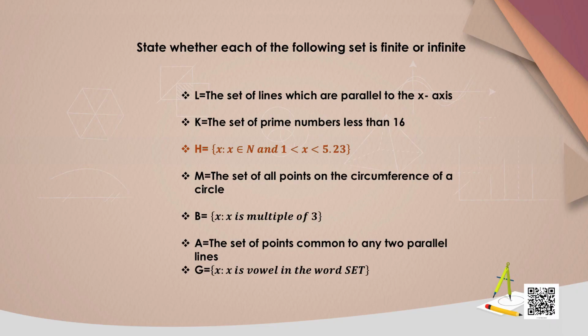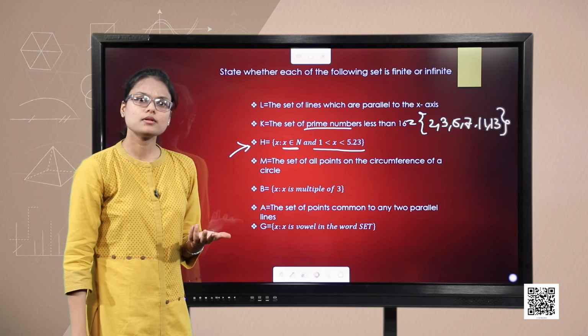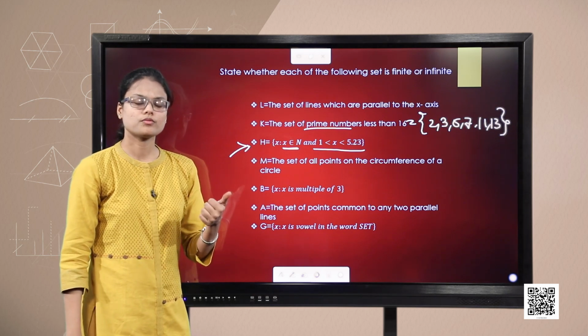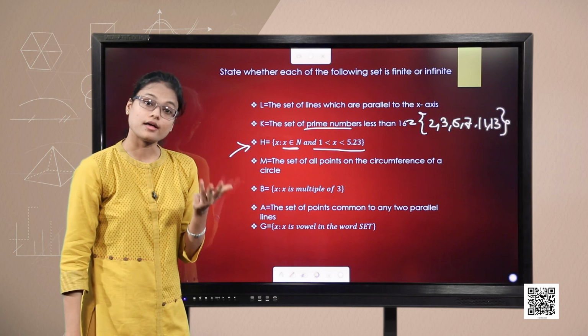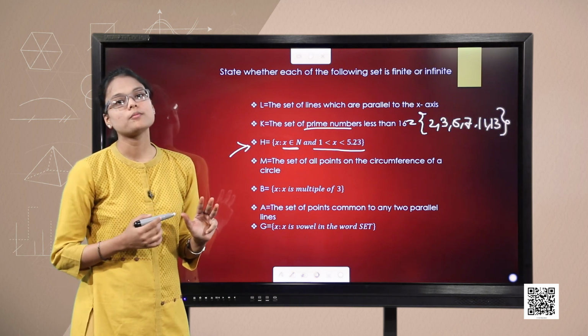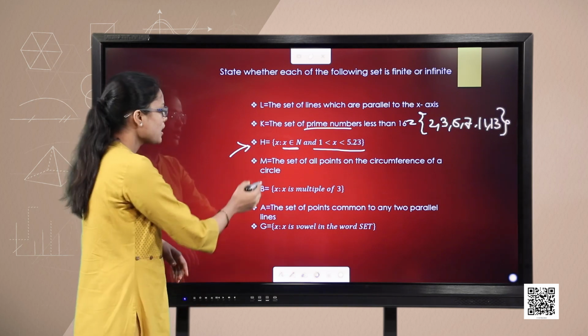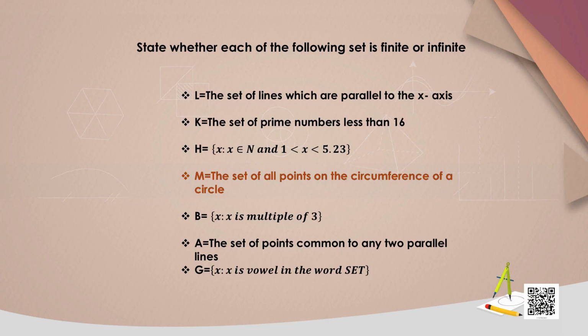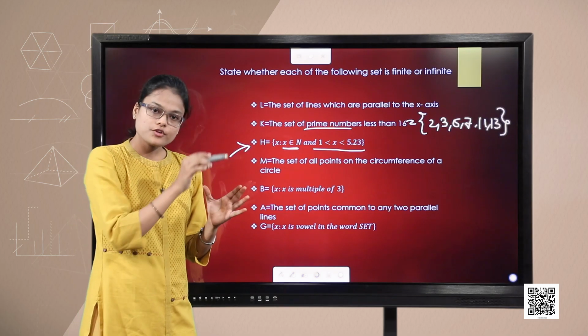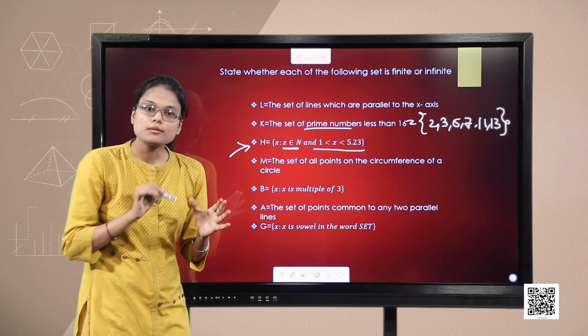Now, set H consists of all those natural numbers which are lying between 1 and 5.23. So, let us again list them. What are they? 2, 3, 4 and 5. 4 numbers are there. So, again, yes, H is a finite set. Now, set M, the set of all points on the circumference of a circle, and we know on the circumference of a circle there are infinitely many points.